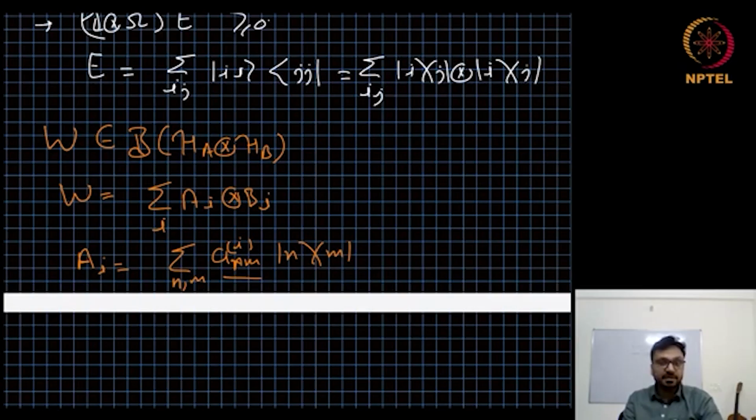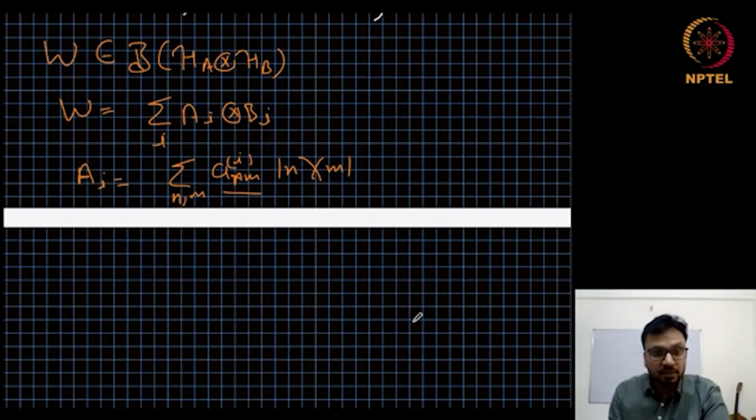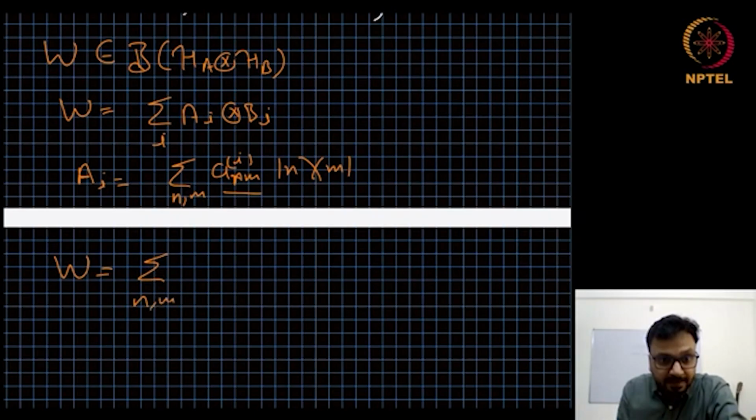So we have matrices, we have locations at 1,1, 1,2, 1,3, and so on. So this will be the element at nm location. Similarly we can write for B, but we don't need to here. So W becomes the sum over n, m, i. If we substitute for A_i here, then it will be |n⟩⟨m| tensor a_i,nm B_i.